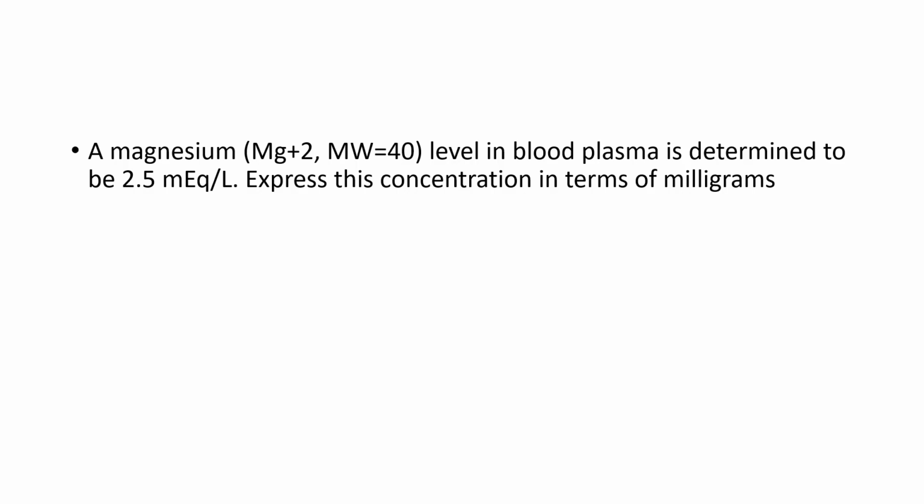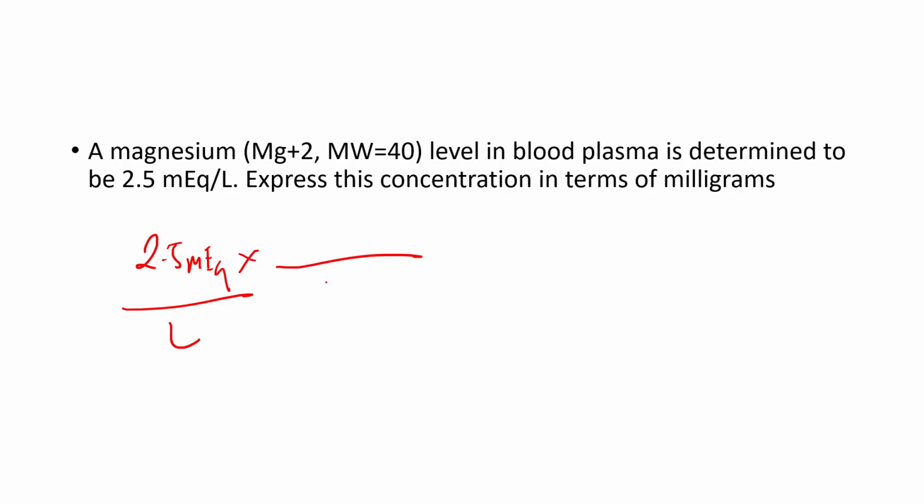Next, a magnesium level in blood plasma is determined to be 2.5 milliequivalent per liter. Express this concentration in terms of milligrams. So this one is another plain conversion. We just need to convert MEQ to milligrams. 2.5 MEQ per liter.